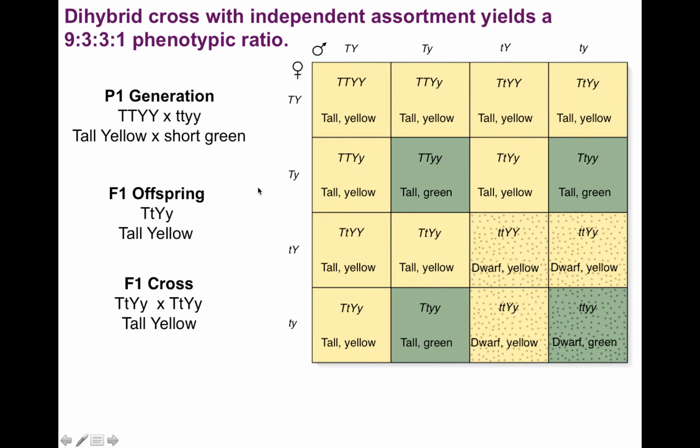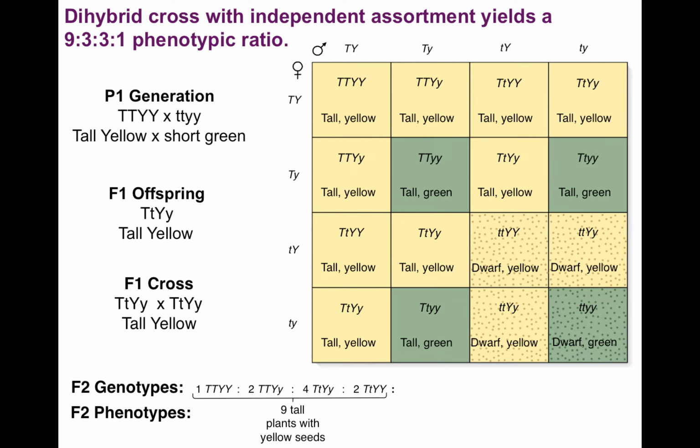If we look at the ratios of the offspring, if we look at the genotypes and the phenotypes, we find that we have 9 plants with the two dominant phenotypes, tall and yellow, and you can have various combinations of alleles to produce that. We have 3 plants with green seeds who are tall.